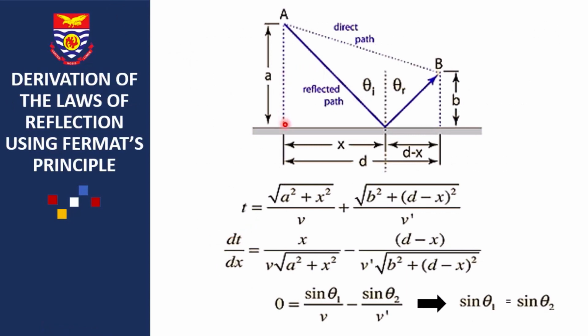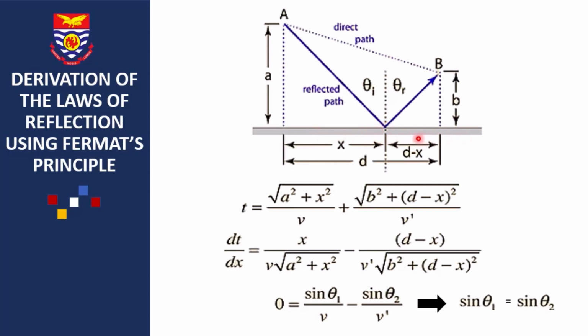I believe that we are all very familiar with this schematic diagram. Don't be confused about the A, the x, the d minus x, and the B. Let's focus on this. We know that one law of reflection is that the incident ray, the reflected ray, and the normal at the point of incidence all lie on the same plane.